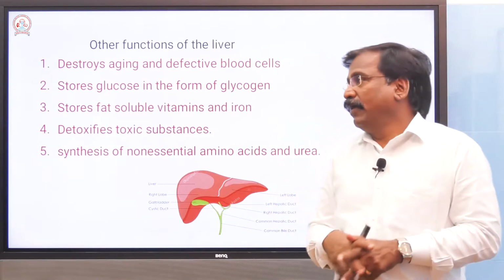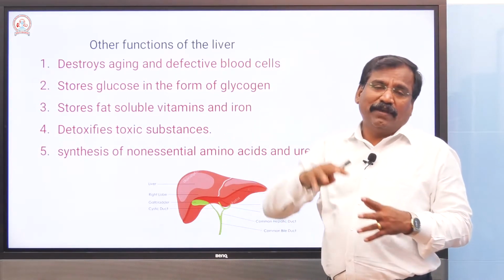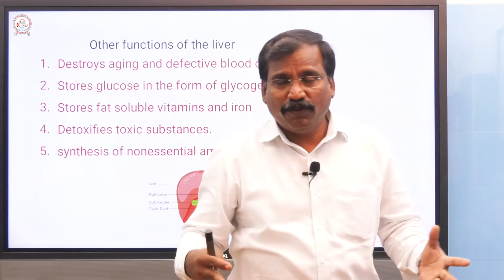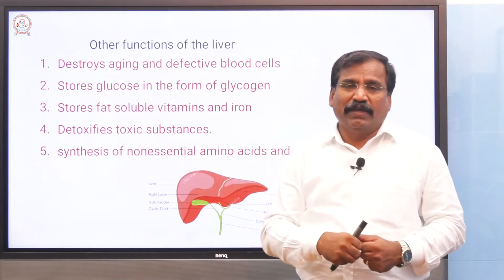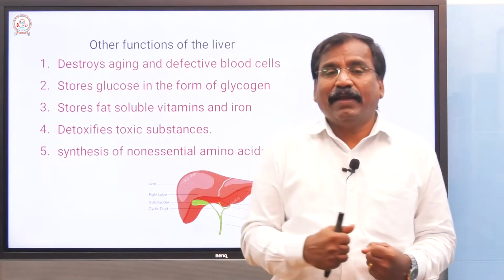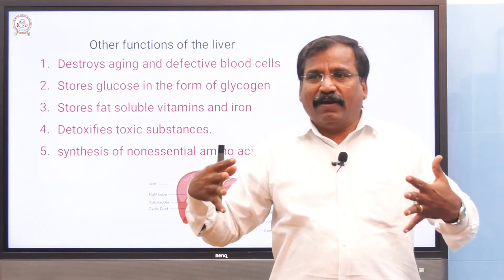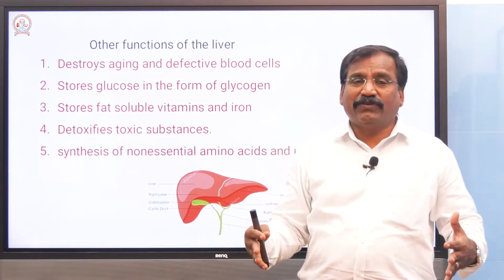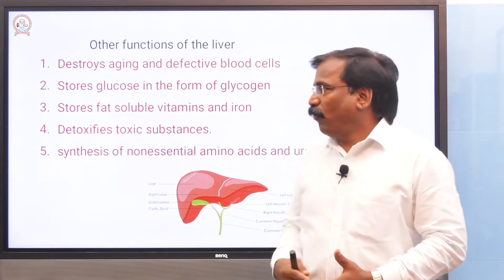The lifespan of an RBC is 120 days. After 120 days, the RBCs are taken to the liver, where they are destroyed. That's why the liver is called the graveyard for RBCs.